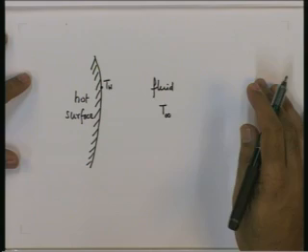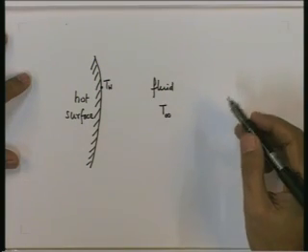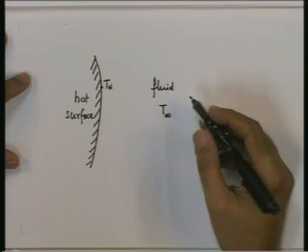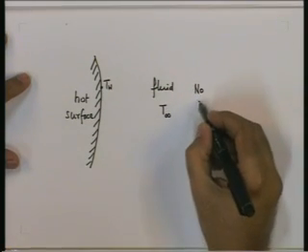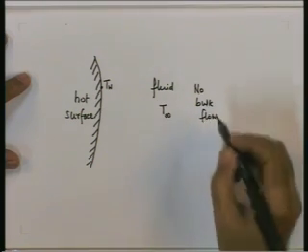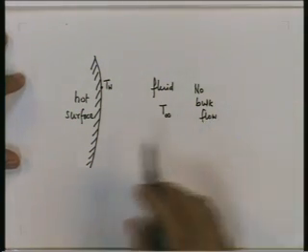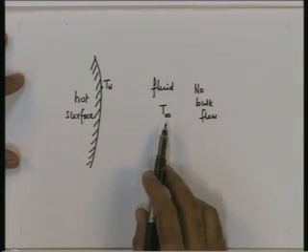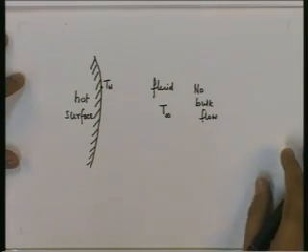Let the temperature be T infinity. There is no bulk flow. That means if the hot surface were not to be at a different temperature, the fluid would remain stagnant.